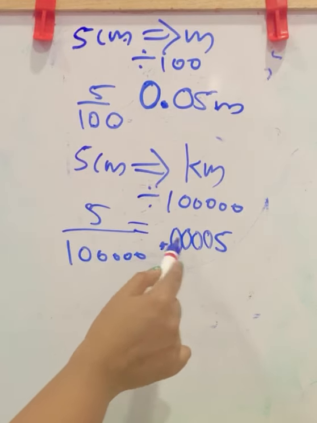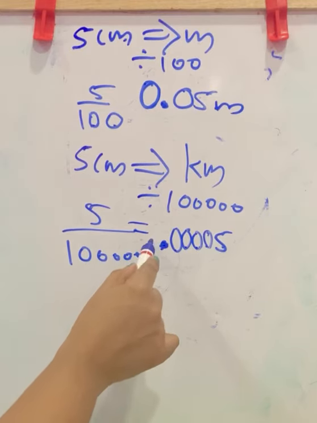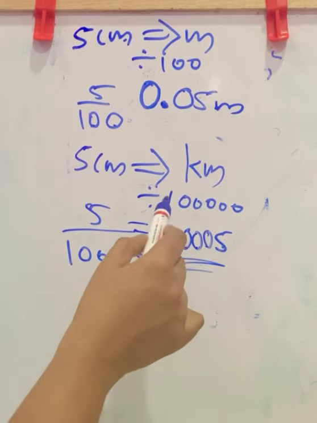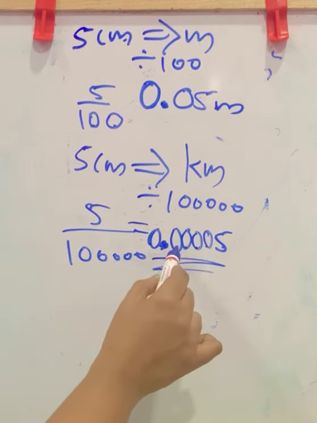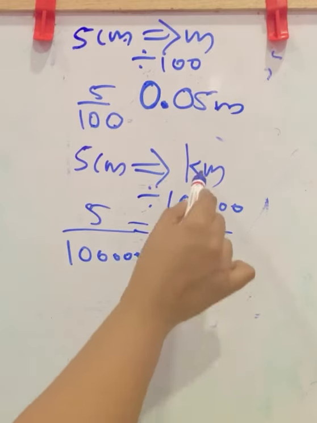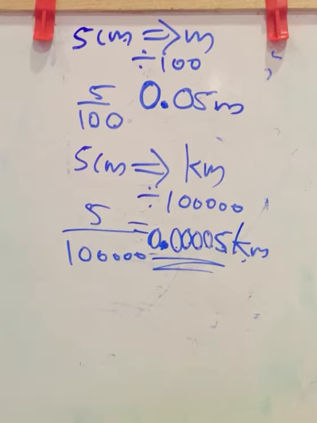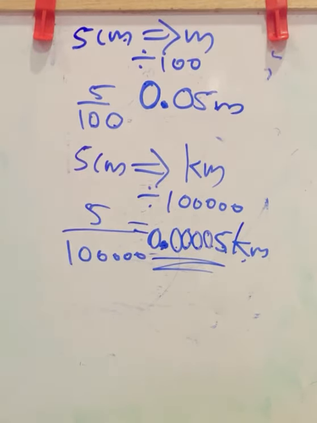So it reaches here, that is 1, 2, 3, 4, 5. Now put the decimal here, and in the whole number part you can add a 0. So this is 0.00005 kilometer. That is 5 centimeters, this much kilometer. Remember the conversion chart which I showed you before.